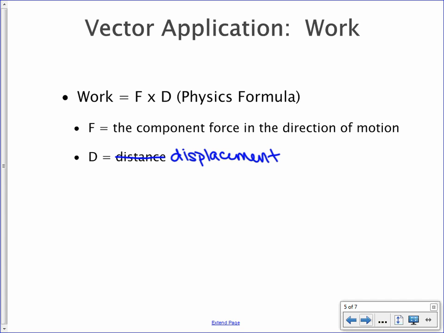If I'm pulling something at an angle but it's moving vertically, then the vertical component of force is the only one that matters. The horizontal component doesn't matter. So when we do force times displacement, we have to make sure the force is the component in which the object is moving.